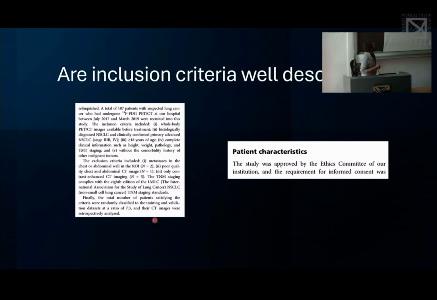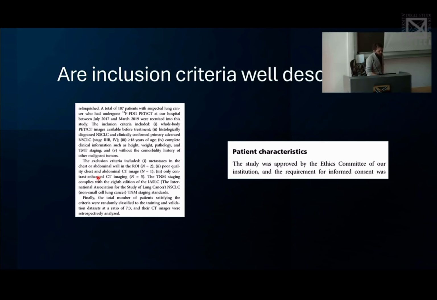Now, part one is pretty easy. Are the inclusion criteria well described? Well, absolutely, for sure. Here they say that they're using consecutive patients. They had some pretty clearly defined inclusion criteria, which are pretty standard.